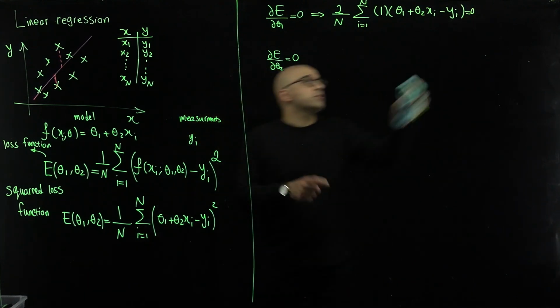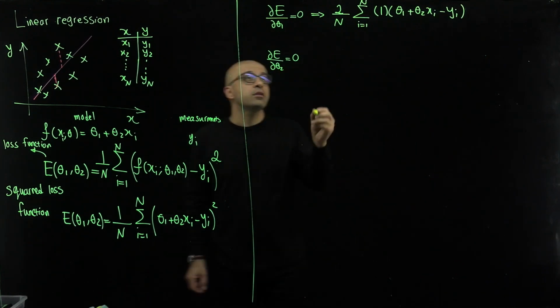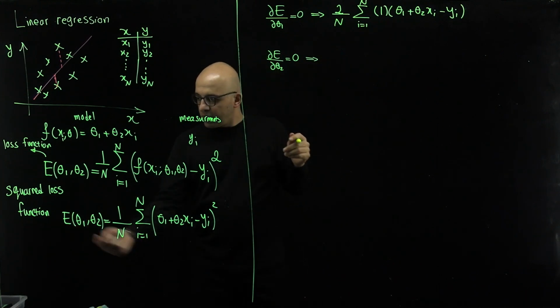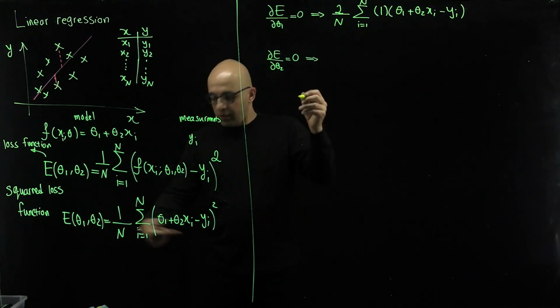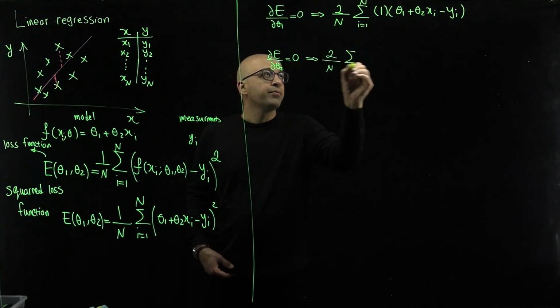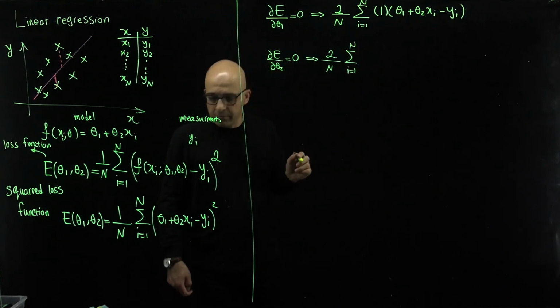Before setting that equal to 0, we need to work this out here. So let me write down the similar expression for theta 2. Again, you can push the derivative of this expression with respect to theta 2 inside the summation. Then again, you are going to have a 2, and you can pull the 2 outside of the summation.